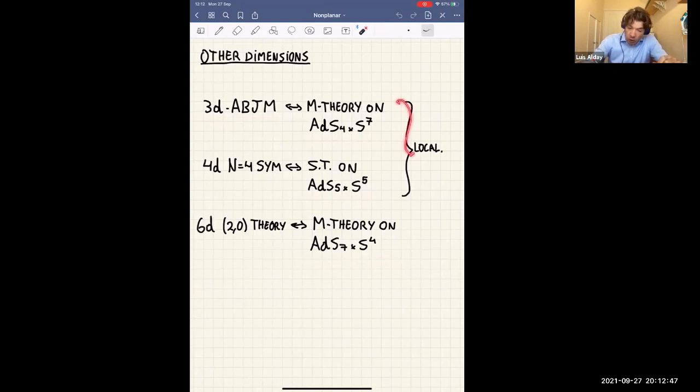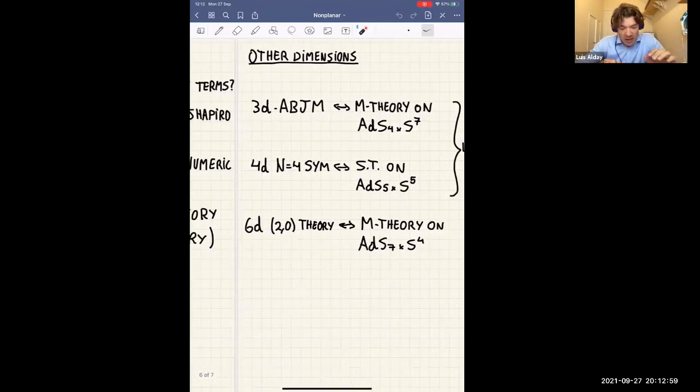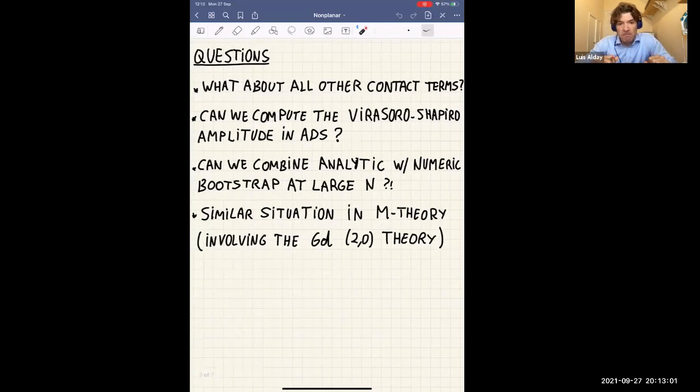For these two, we have localization constraints. This one is dual to a string theory, and these two are dual to an M theory. And basically, this is what I wanted to say, and these are some of the main questions in this program.